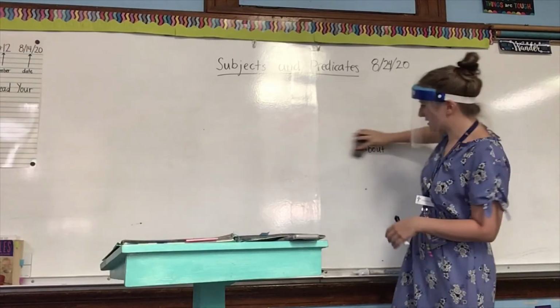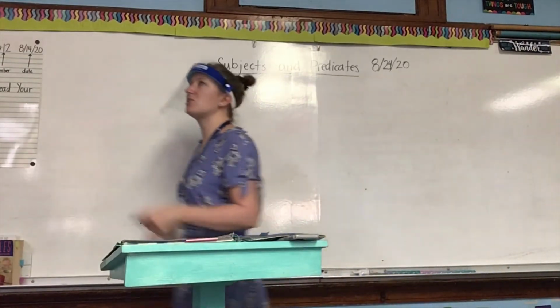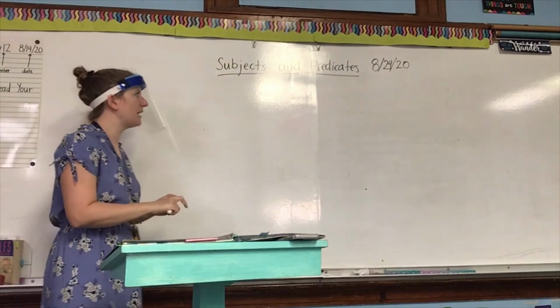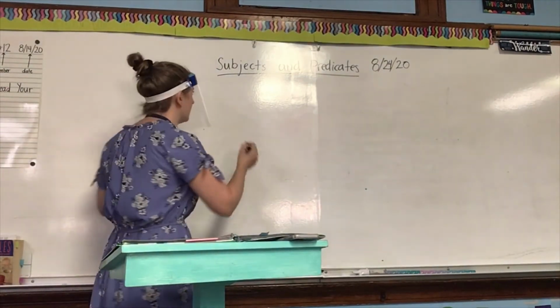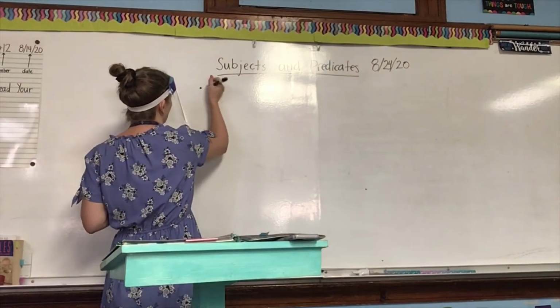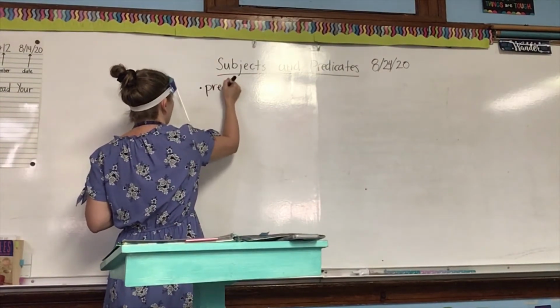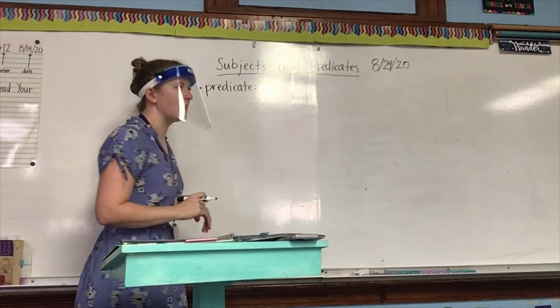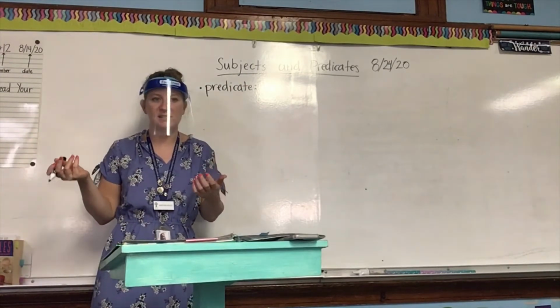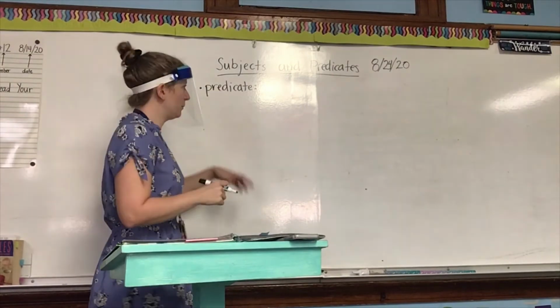Predicates. Yes, exactly. So we just talked about simple and complete subjects. So now let's talk about simple and complete predicates. Well, first of all, what is a predicate? That's the most important thing, because if we don't know what a predicate is, well then we definitely don't know what a simple and complete predicate is.